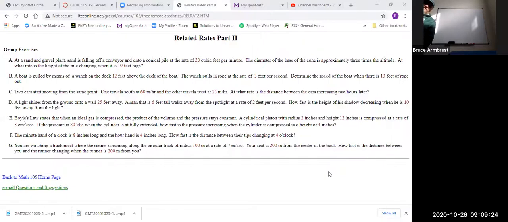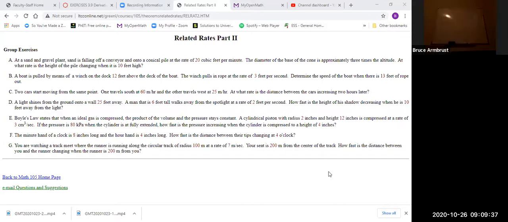We're just going to do some different ones. You'll probably recognize that first one, the conical pile of sand, but we're going to try different ones today.